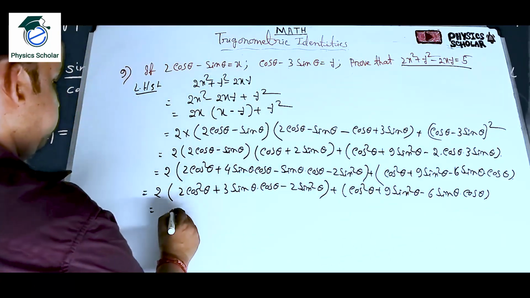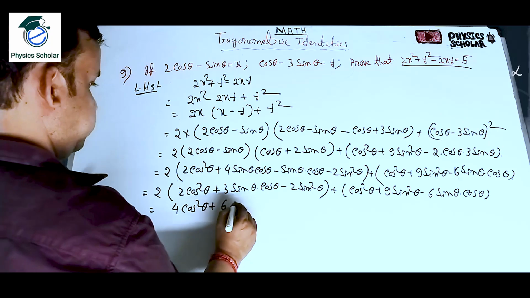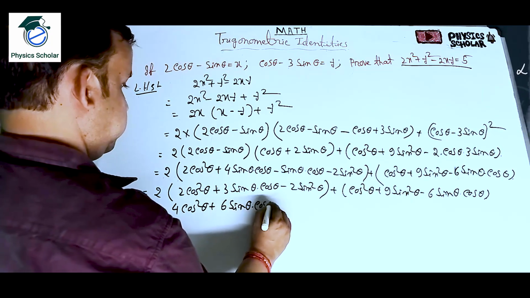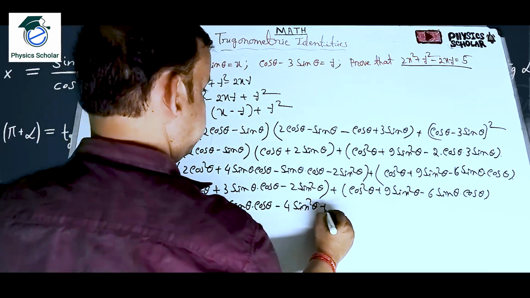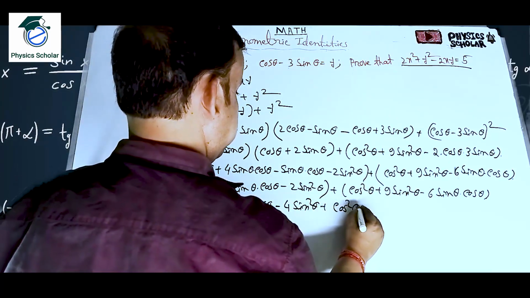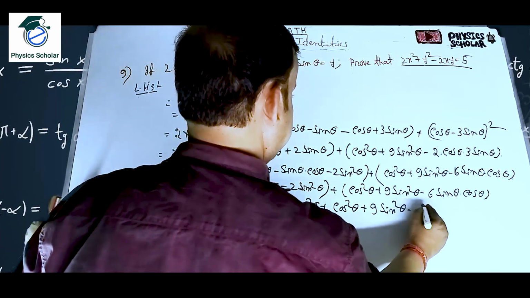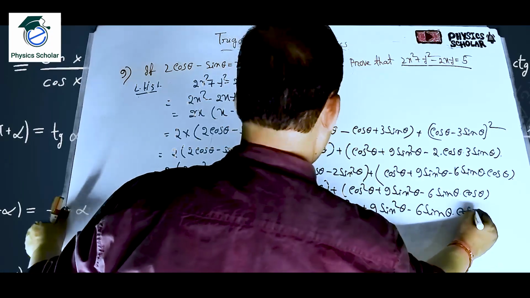Now multiplying, 4 cos square theta plus 6 sin theta into cos theta minus 4 sin square theta plus cos square theta plus 9 sin square theta minus 6 sin theta into cos theta.